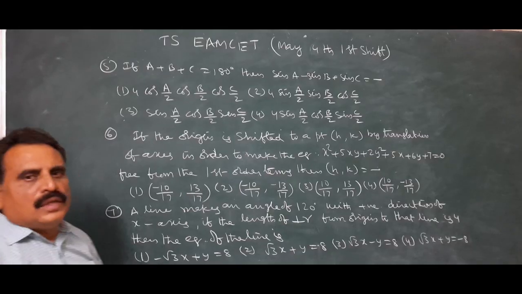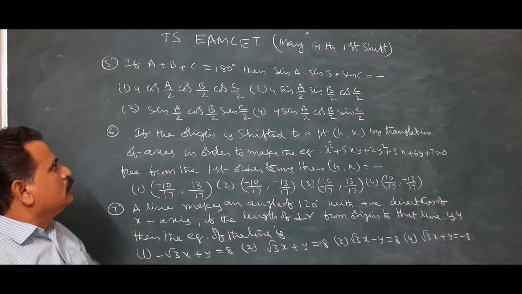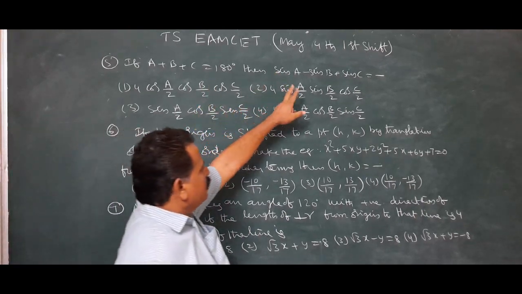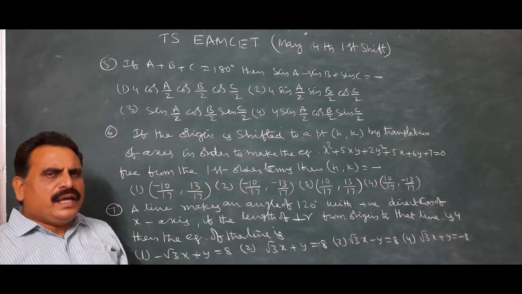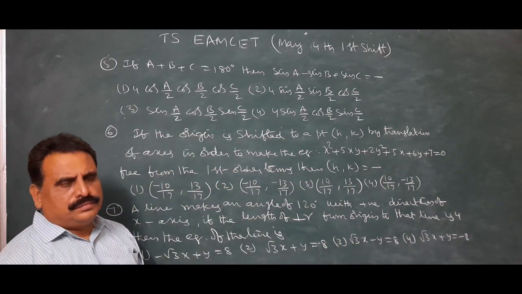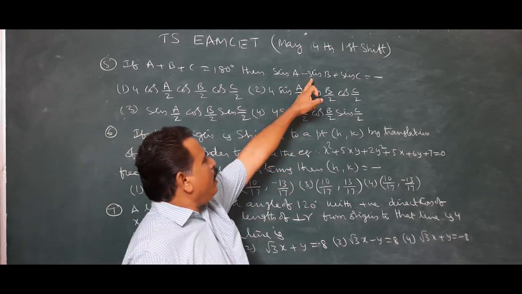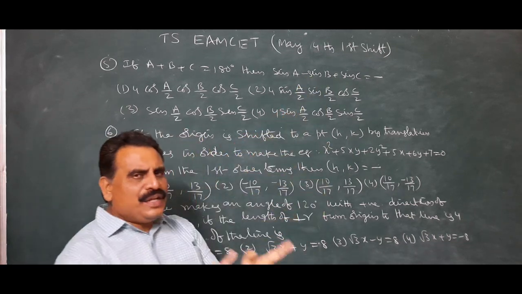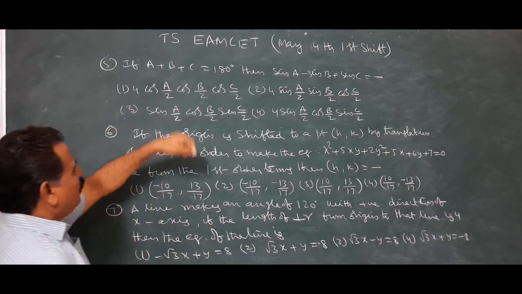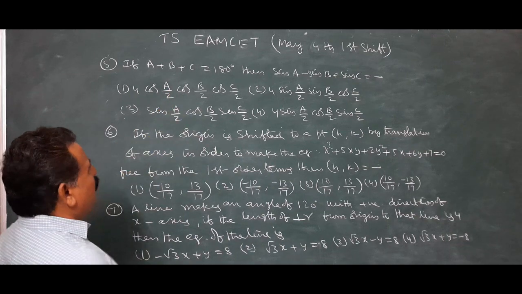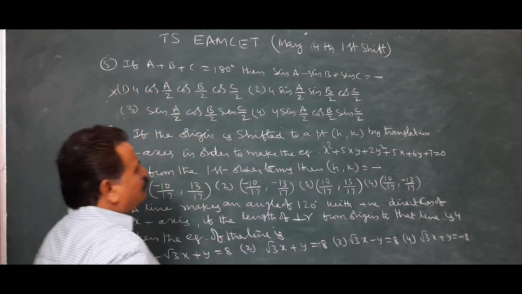Question number 5. If a plus b plus c equal to 180 degree, then sin a minus sin b plus sin c equal to. By observing that question, we can decide the answer. B has negative sign, so B ratio is different than A and C. Here all the ratios are wrong.